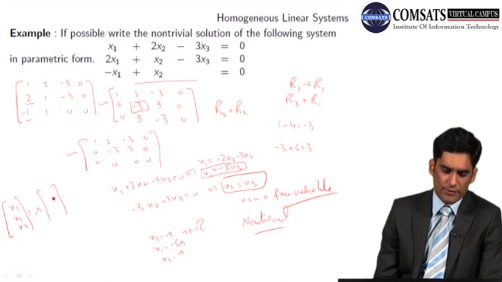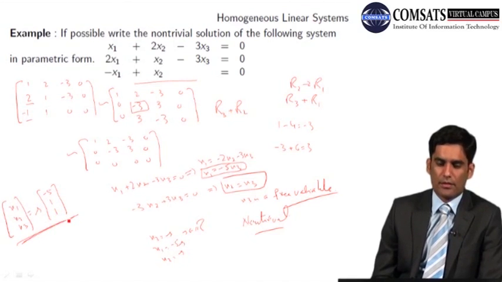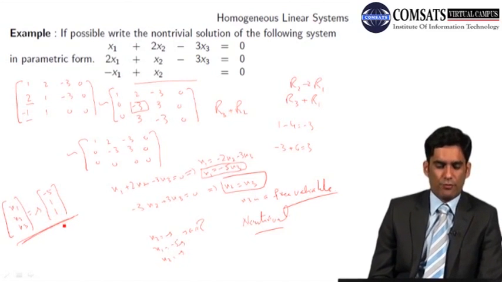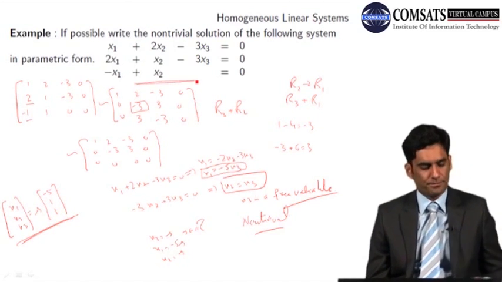So in this vector, the first component will be -5, the second component, x2 equals s, so I will put 1, and x3 equals s, I will put 1. So this is the parametric vector form of the non-trivial solution of the homogeneous system given here.